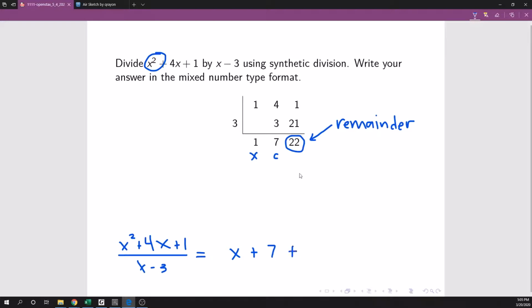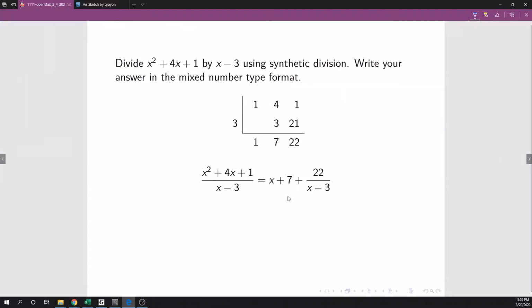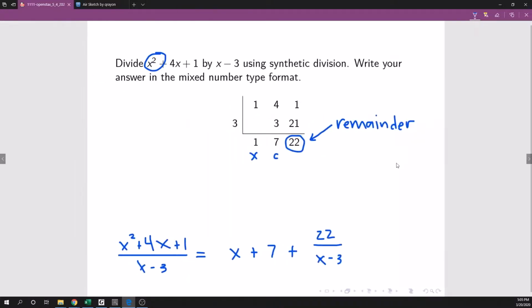All right, and then the remainder over what we were dividing by, which was x minus 3. And if you go back and look at the polynomial long division video, that's exactly the same answer that we got for that problem, okay? All right, and so here we are. That's the answer that we got on here.